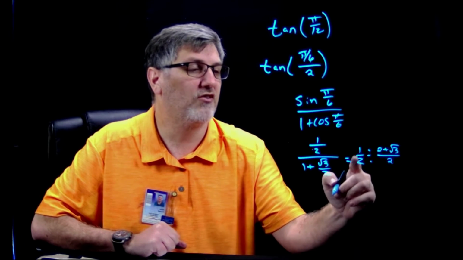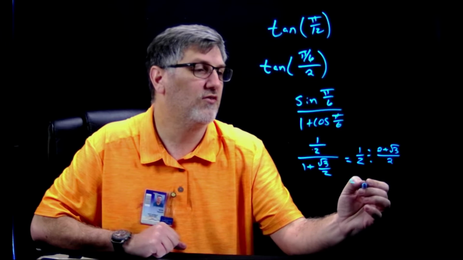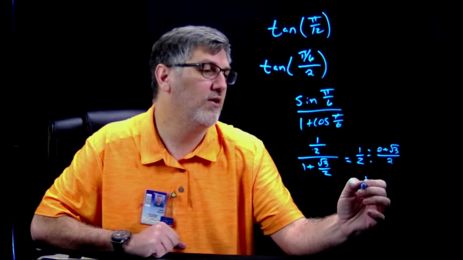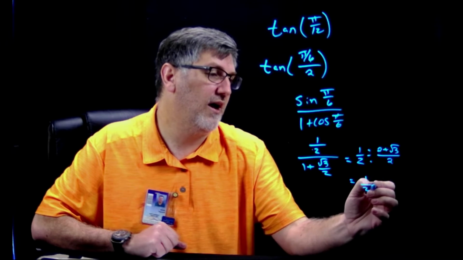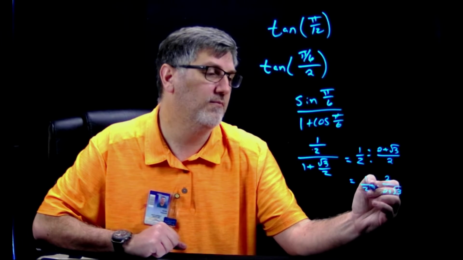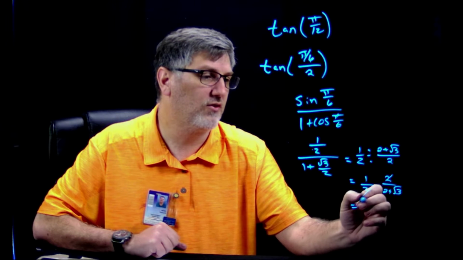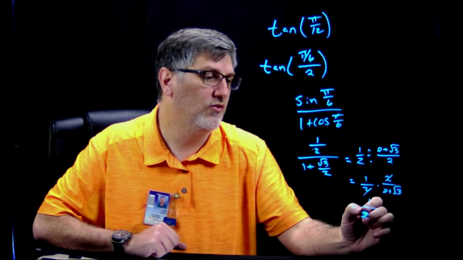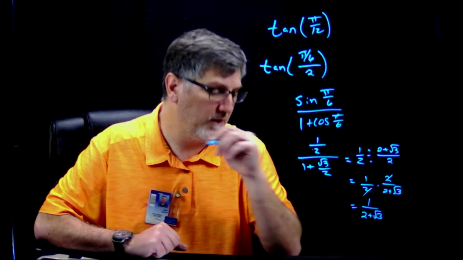When we divide fractions, we're going to keep, flip, change. This is going to give me 1/2 times 2 over 2 plus the square root of 3. And then from here, this and this cancel. This gives me 1 over 2 plus the square root of 3.